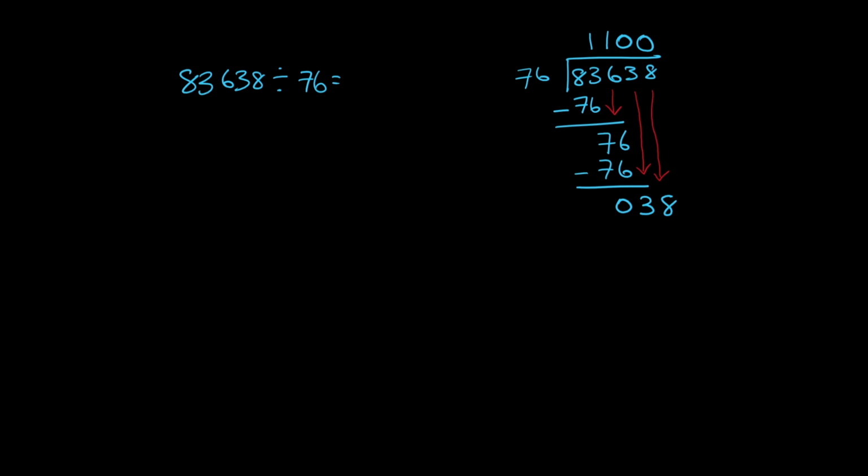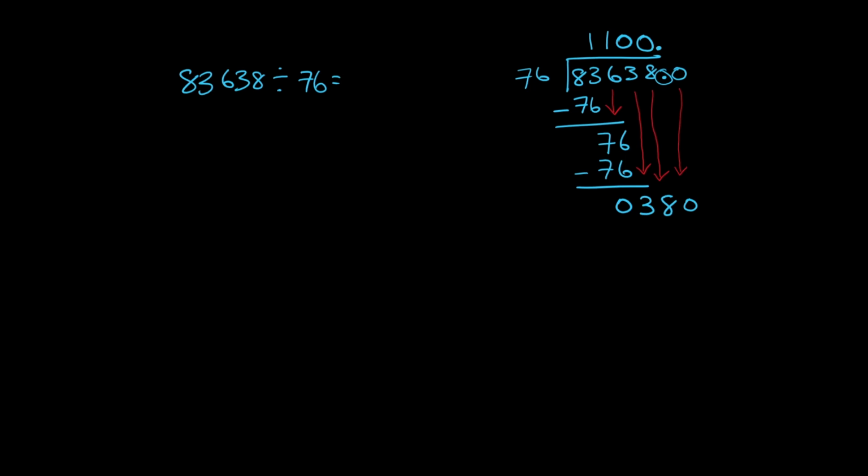But because we have no more numbers, we need to put in a decimal point and a 0. And because we have a decimal point here, we need to put one right here. Now, we can go ahead and pull down a copy of our 0. And how many times can 380 be divided by 76?